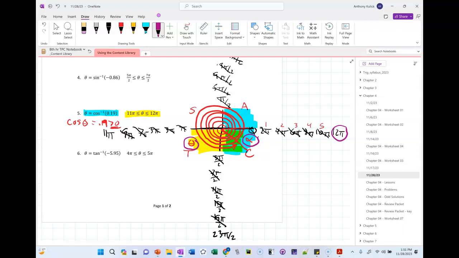So if I look at this picture, is theta less than or greater than 12 pi? Does it stop before I get to 12 pi or after I've crossed 12 pi?